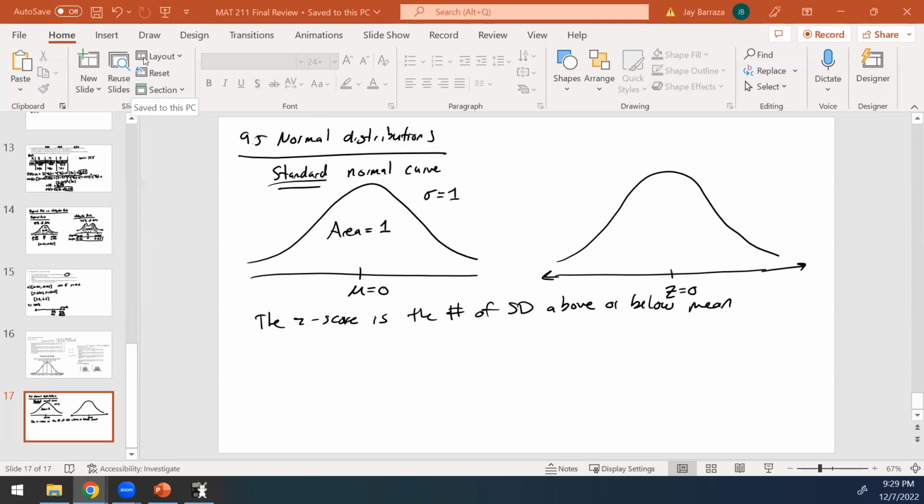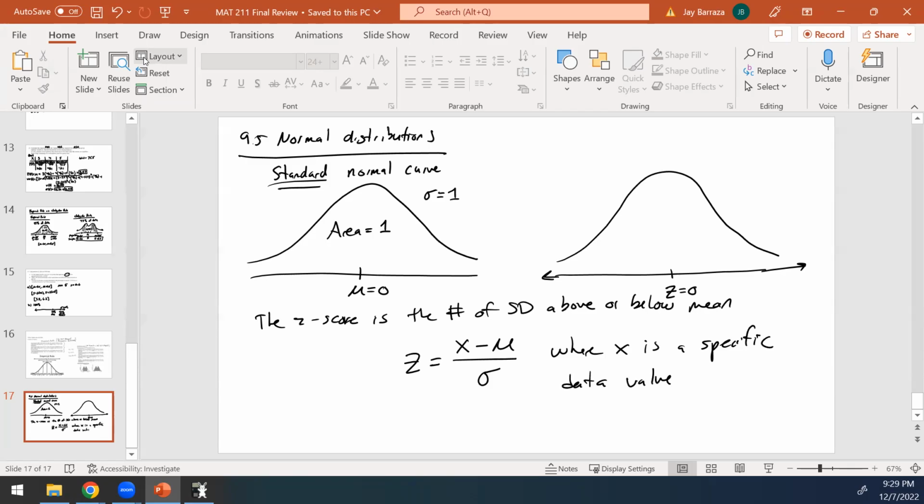If you ever want to calculate a z-score by hand, it's not a very difficult formula. It's just your x value minus your mean, divided by your standard deviation, where x is a specific data value.